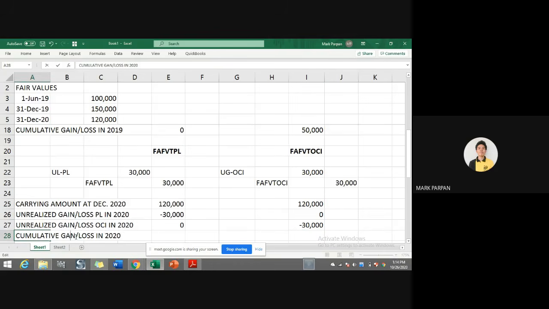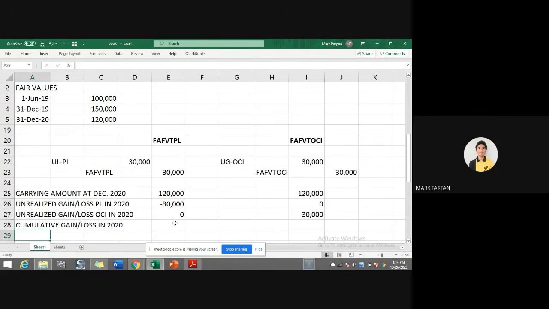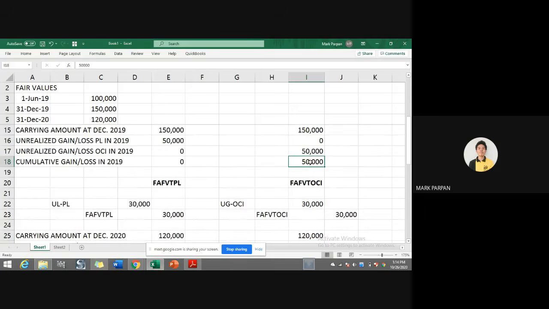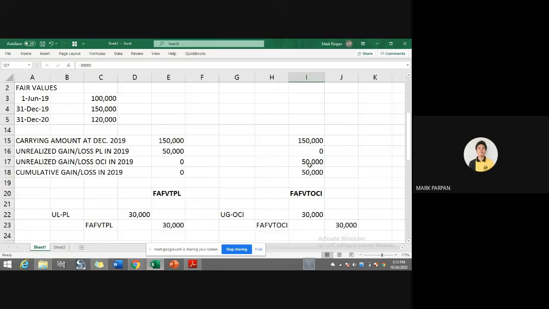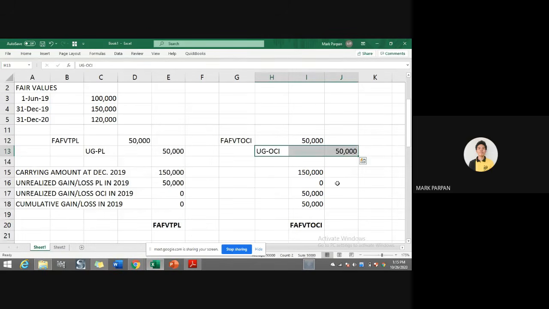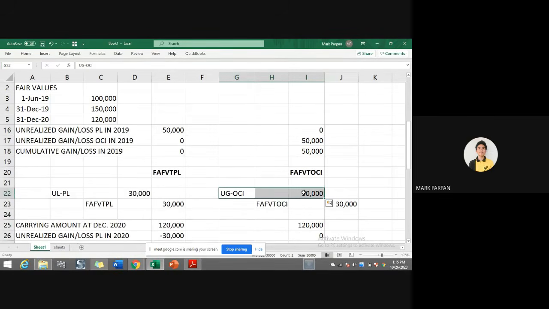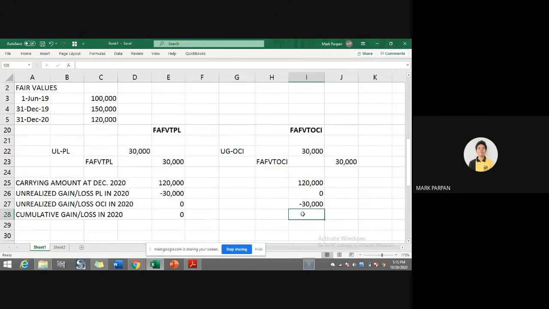Okay. But let's now proceed to the cumulative gain or loss. For the cumulative gain or loss, here it is still 0. There is no cumulative gain or loss. But here, what will be the cumulative gain or loss? Last year, we had 50. Last year, you had a gain of 50, then you decreased by 30 this year. So, meaning, how much is the cumulative? It's only 20,000. That will be our cumulative gain or loss.